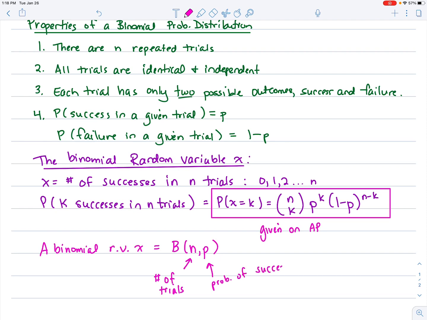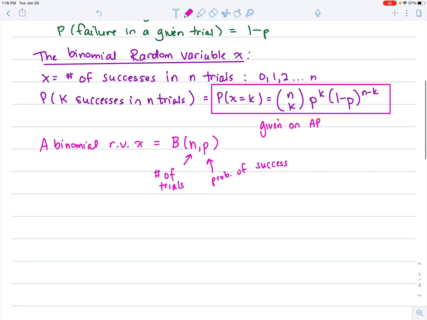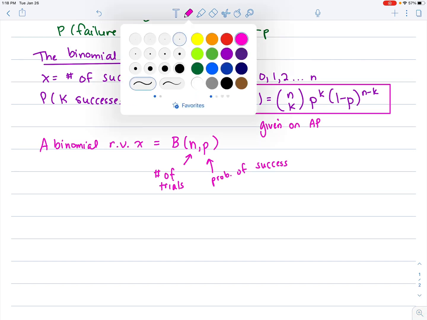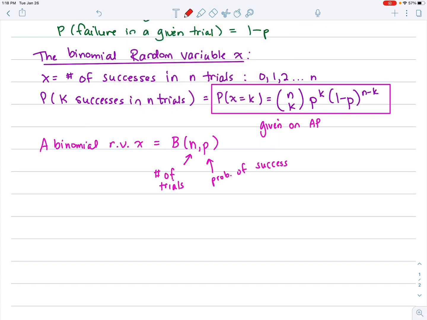Okay, so the formula that I boxed has that n over k, like in parentheses. That's actually what we call a combination. So nCr is what it looks like on the calculator, but for some reason they give it as N K on the AP. But it's the same thing as nCr.